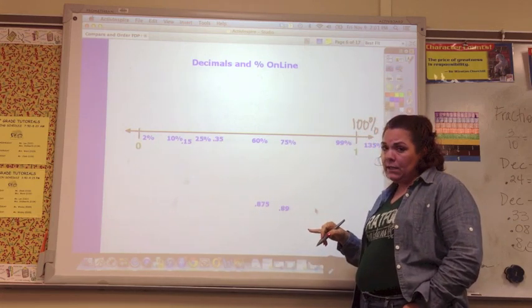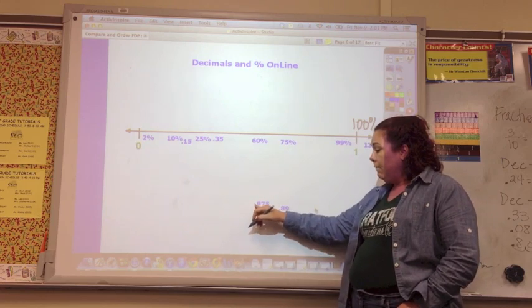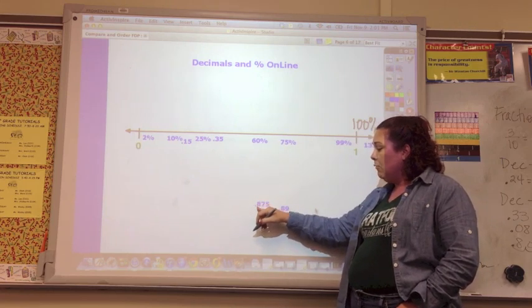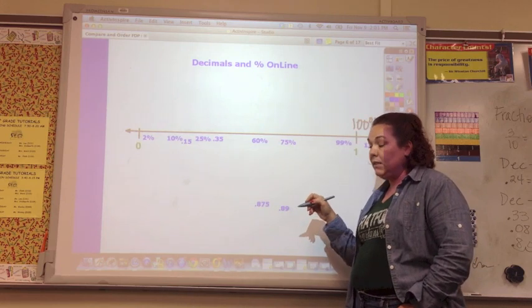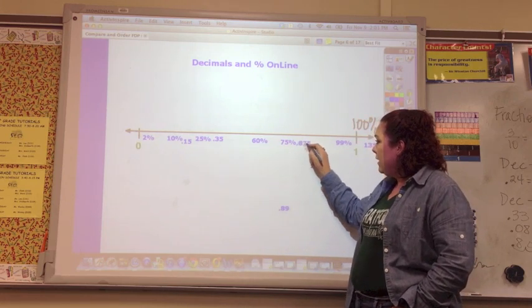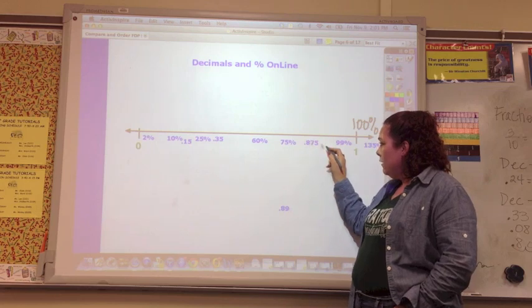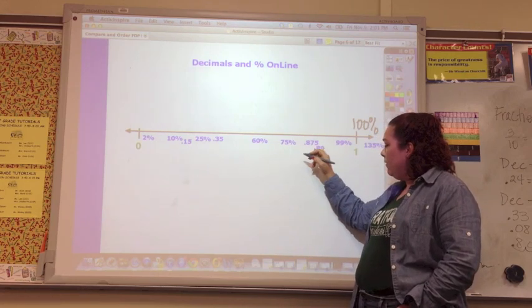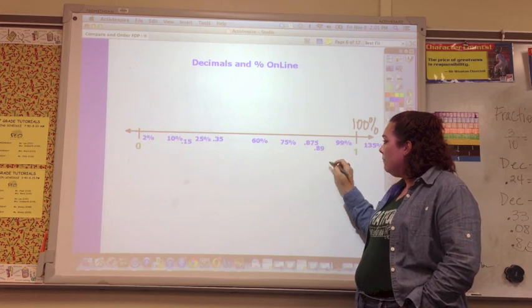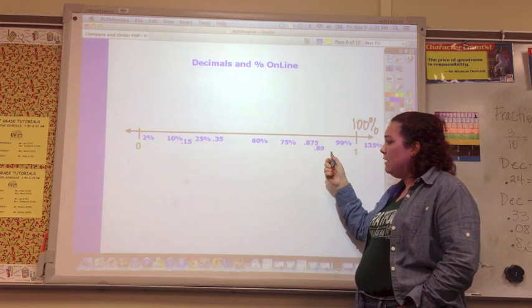And then 875 thousandths, if I did decimal percent, it would be 87.5 or 87 5/10%. That would go here, 87. And then 89 would go right on the right side of that, because it's a little bit bigger than 87.